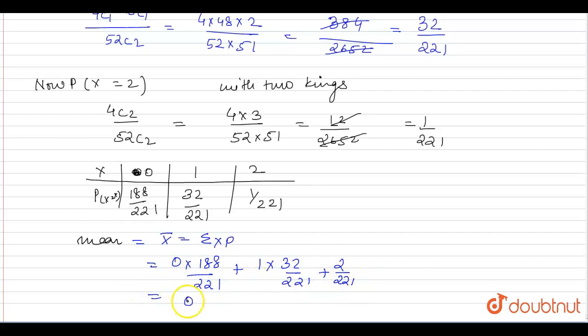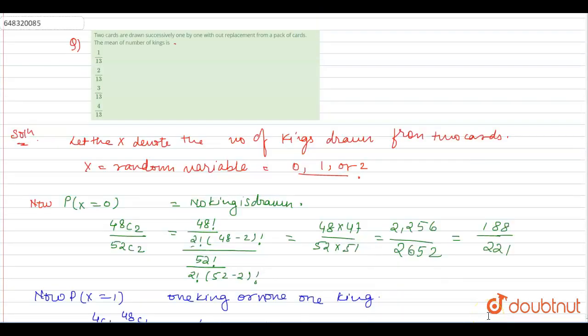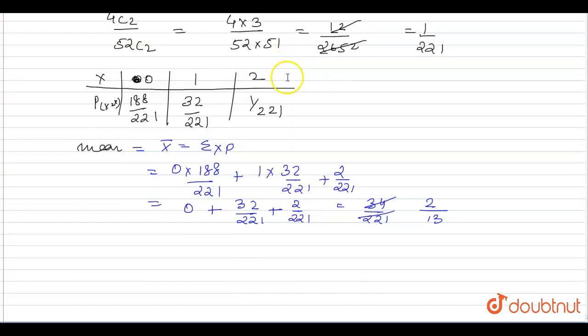That is 0 plus 32 by 221 plus 2 by 221. We get 34 by 221. Now dividing by 17 we get 2 by 13. So in the options given to us, option B is 2 by 13. So this is our final answer.